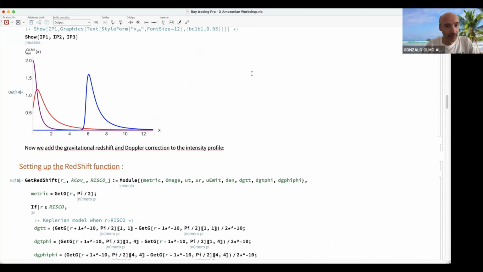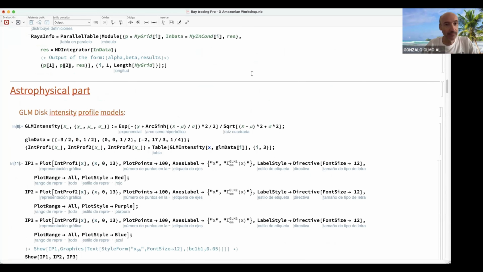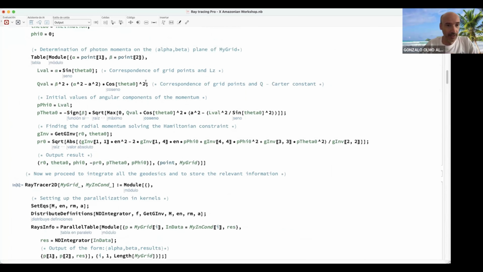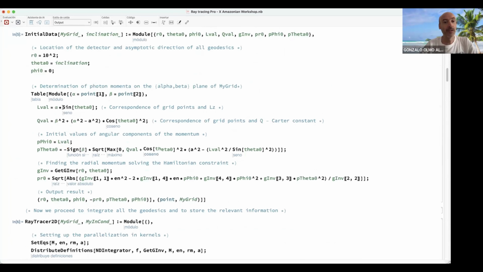For the initial conditions, let me see where they are. The initial conditions are here. When theta is 0, we cannot divide. I mean, the angular momentum for any alpha will be 0. So this is a limiting case. If you want to explore the almost 90 degrees perspective, just put a number like 1 degree.